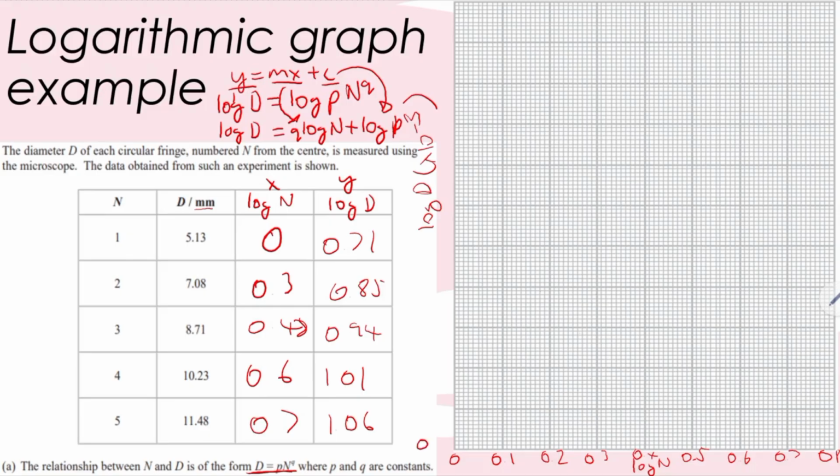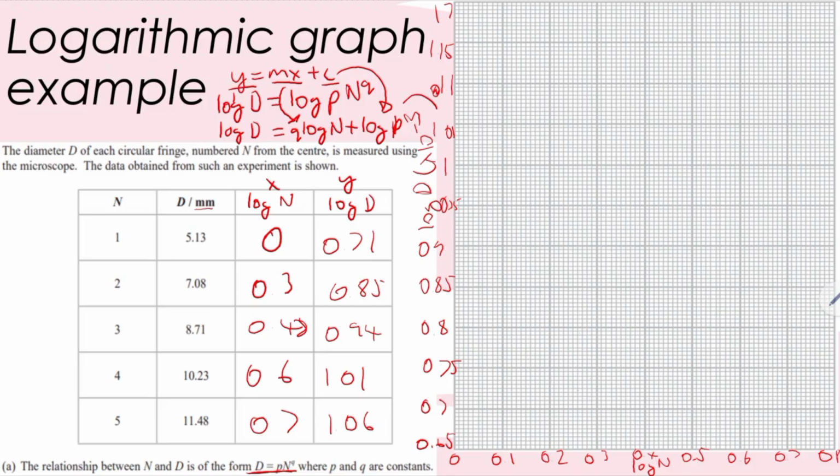So we're going to be starting from 0.65, 0.7, 0.75, 0.8, 0.85, 0.9, 0.95, 1, 1.05, 1.1, 1.15, and 1.2. And yeah. So now we just need to plot our points.